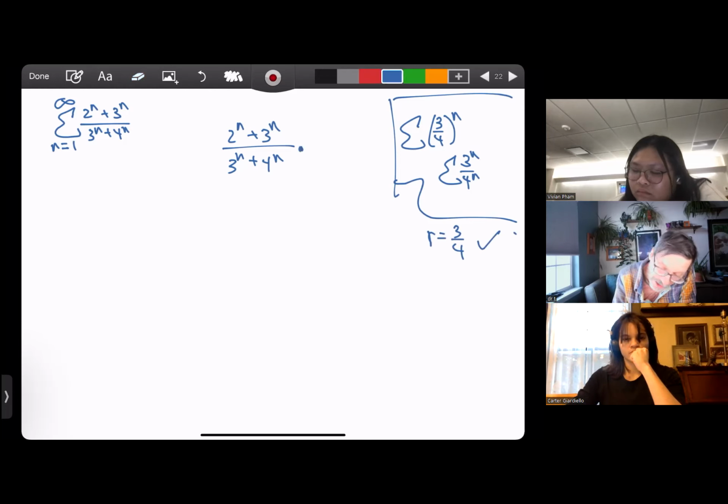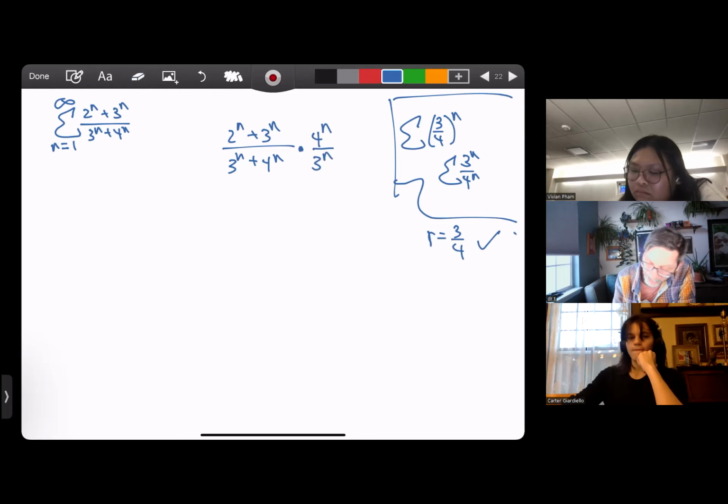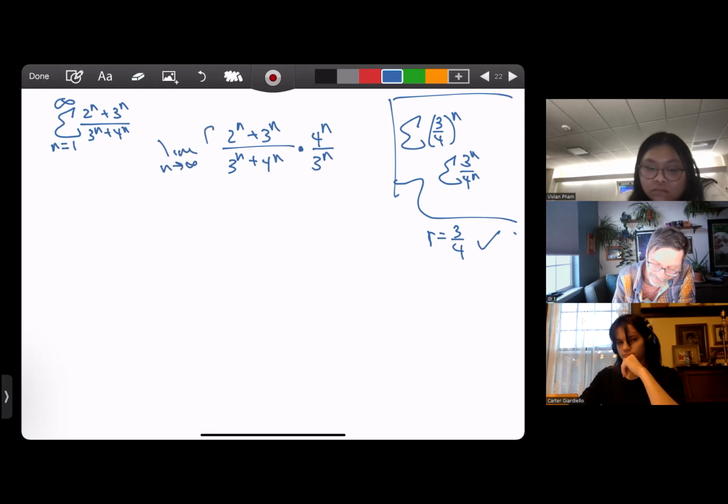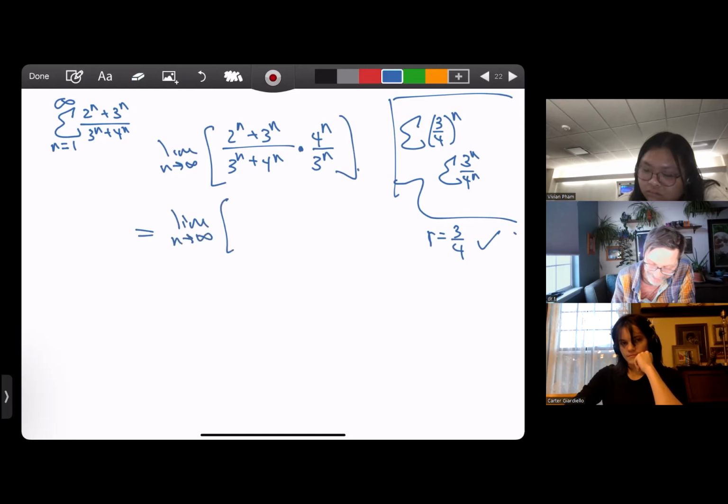So let's try multiplying by the reciprocal of 3 to the n over 4 to the n, and we're doing our limit. The top is 2 to the n times 4 to the n, which is 8 to the n.